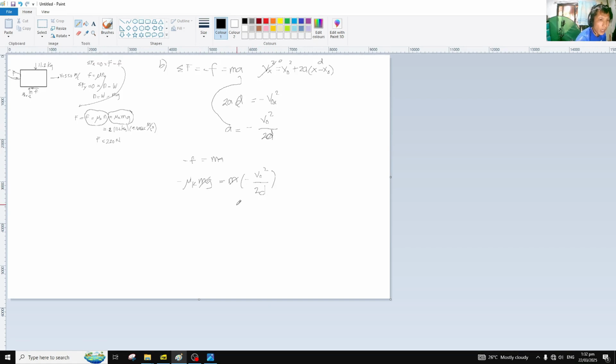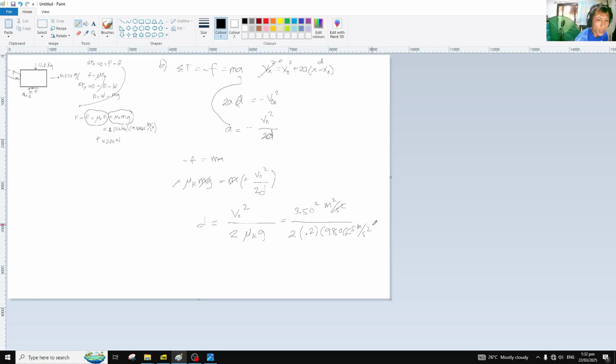You can cancel this d, then out the m, then you can cancel the negative, of course, then you would have d equals Vo squared all over 2 times mu k and then the g without the negative. So substitution, that would give us how much? 3.50 squared meter squared per second squared all over your 2, and then your kinetic coefficient of friction, which is 0.2, and then your 9.80665 meters per second squared.